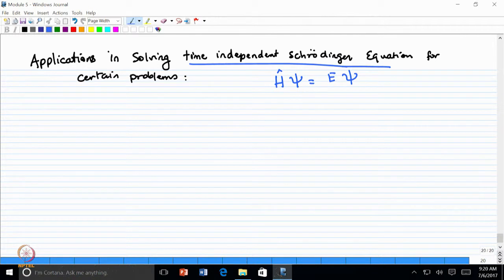Now, psi can be a function of various different coordinates, but this is a particular case where you see the power series method appearing. You will study the one dimensional simple harmonic oscillator, the quantum mechanical simple harmonic oscillator.